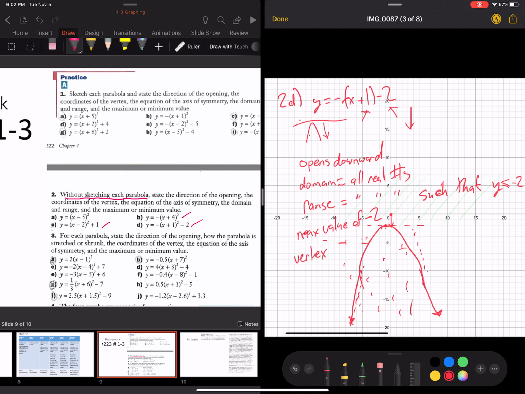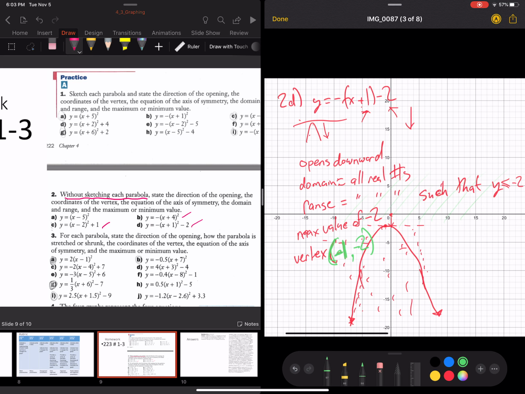Oh, and a vertex, of course. Vertex we get from these two values. Now, if it's a plus, you know that it's a minus 1. Oh, I have writing everywhere. Let's change the color. Minus 1. Vertex is minus 1 and minus 2. And then finally, do I have max, min, domain, range? Oh, axis of symmetry.